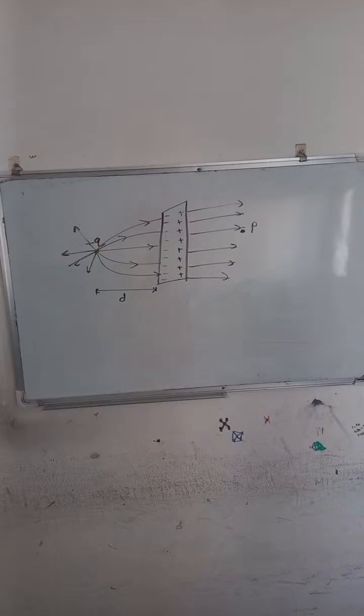Then write down the next question. The figure shows electric field lines in which an electric dipole P bar is placed as shown in the figure.